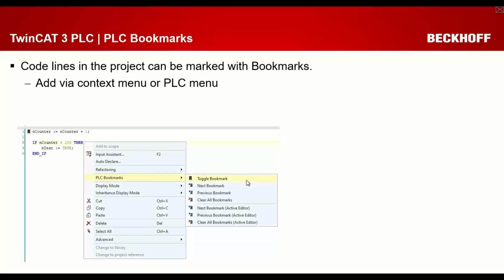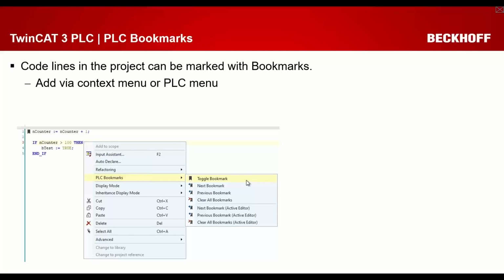We have also added a new feature called PLC bookmarks, which you can use to add hints in your PLC code where you maybe would like to continue to work, or where you maybe have to change something. Up to now, this could be done via comments or custom warnings which you add to the PLC code.